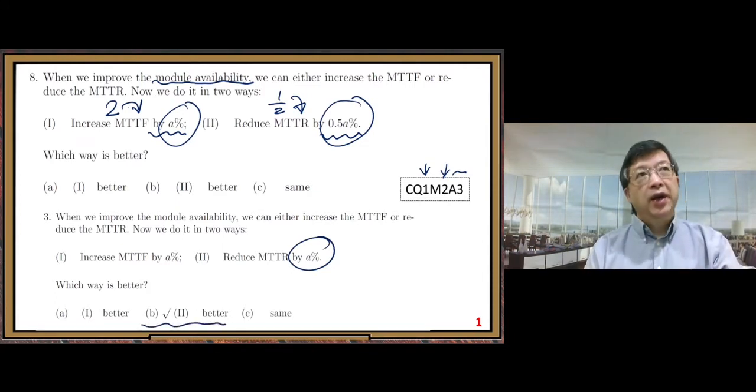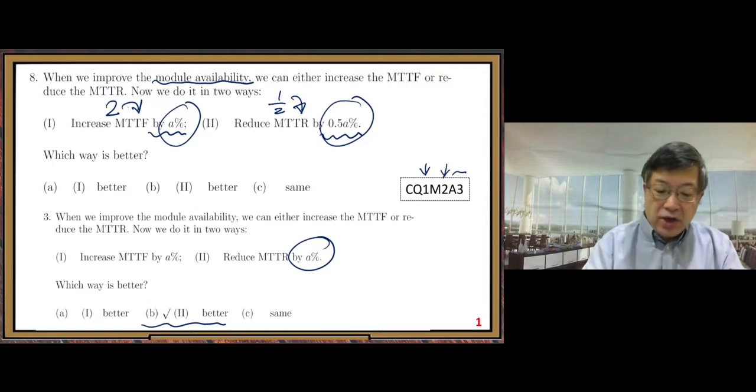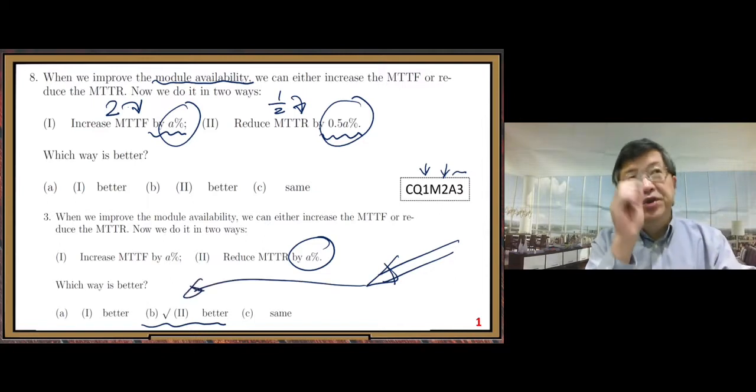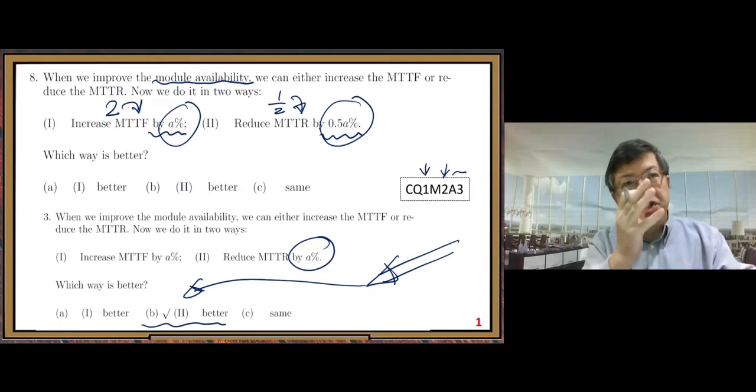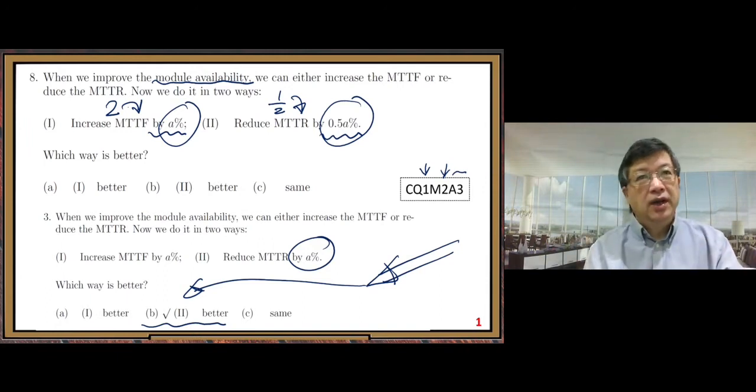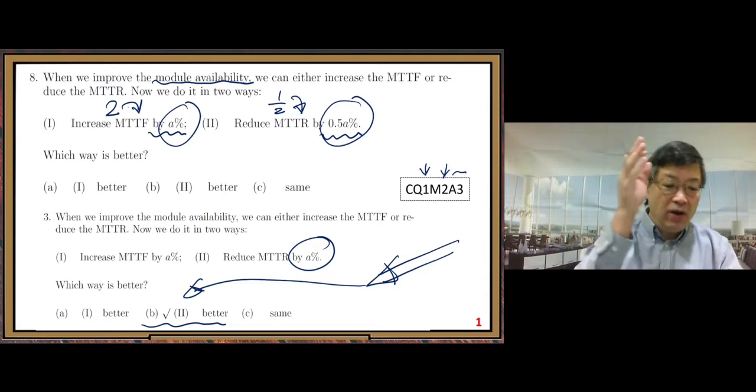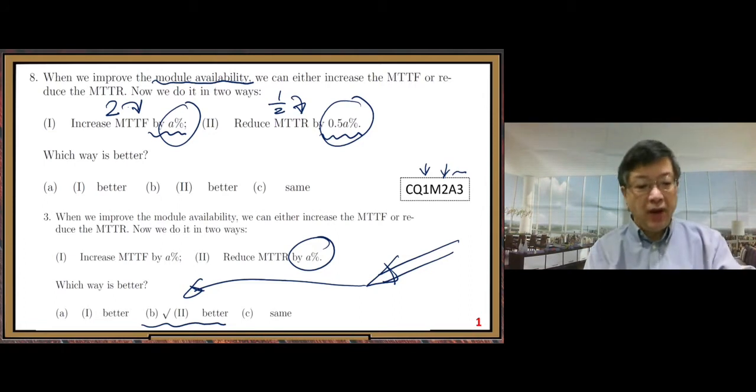Let me explain how I get this answer. You use a similar method, but you need to adjust your computation a little bit. Then you can find the correct answer for our homework question number 8.